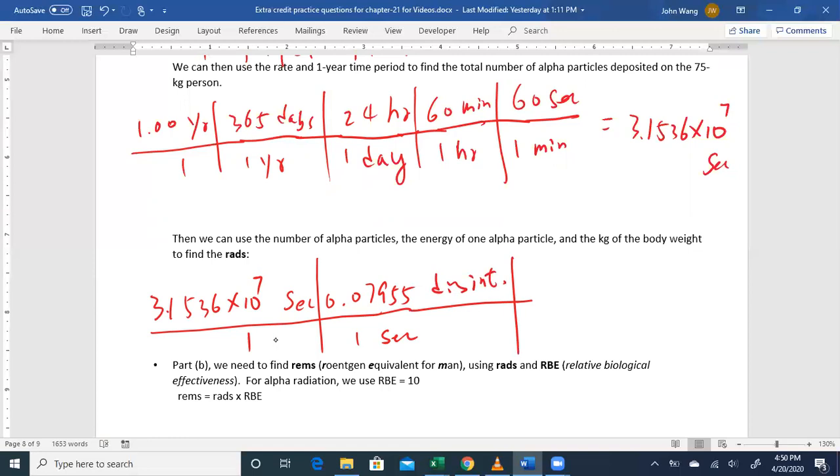So that gives us 2.9287 times 10 to the positive 6 disintegrations. This is how many alpha particles deposited on that person.